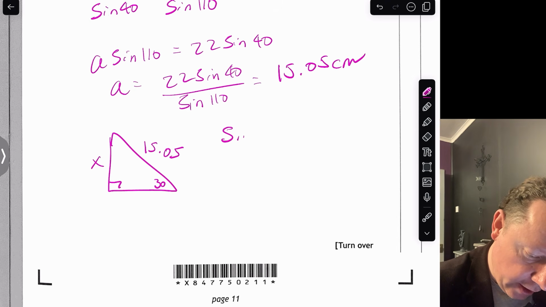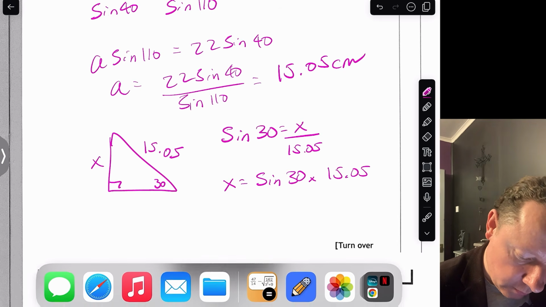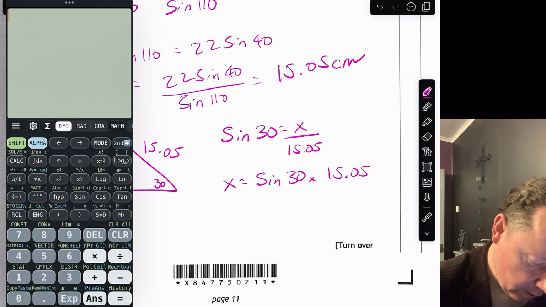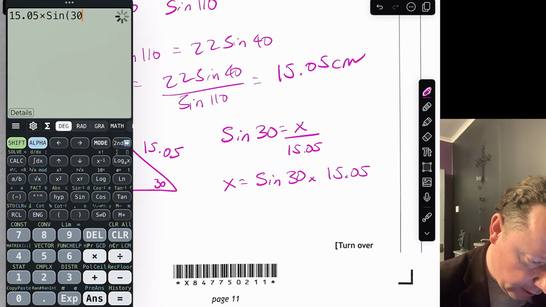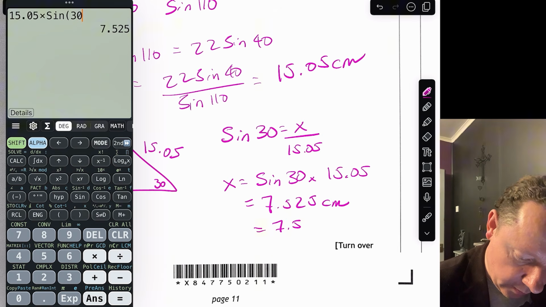So sine 30 equals x over 15.05, or x equals sine 30 times 15.05. 15.05 times sine 30 is 7.525, or 7.5 centimetres.